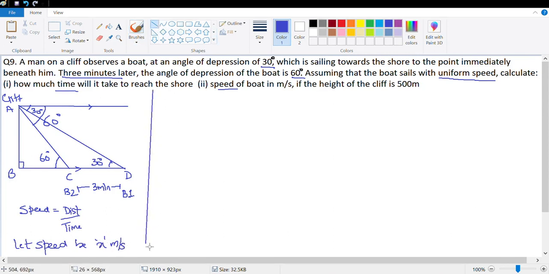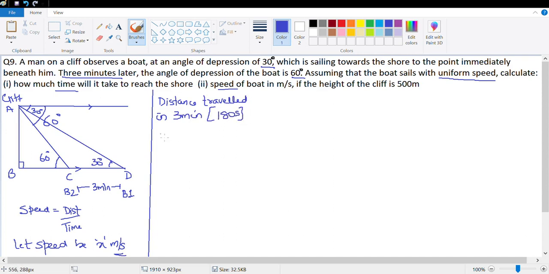So we need to figure out the distance traveled in 3 minutes. Since we've taken the speed in seconds, I'll have to convert minutes into seconds, which is 180 seconds. Distance will be equal to speed into time, which is 180x. So basically CD is equal to 180x.